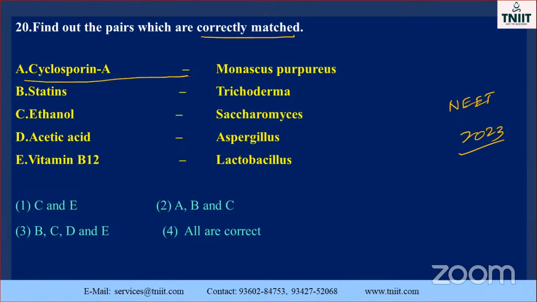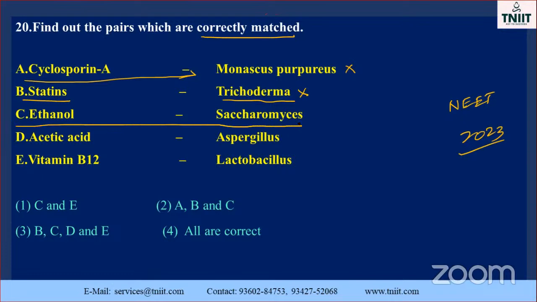Cyclosporin is an immunosuppressive agent, so it will not match here. What about the second? Statin is also from Trichoderma, not here. Ethanol is already in our list.